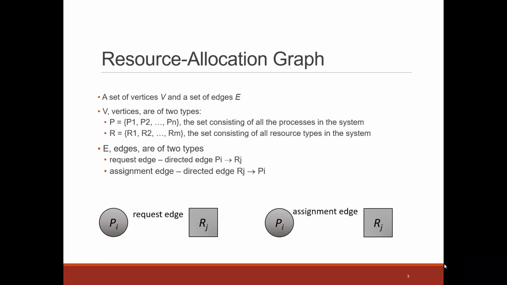A request edge goes from a process to a resource. This says a process wants this resource. Imagine grabbing a mutex before entering a critical section. And then an assignment edge points from the resource back to the process, and it says that the process itself holds that resource. It will hold the resource until it's done, and then the edge will go away.